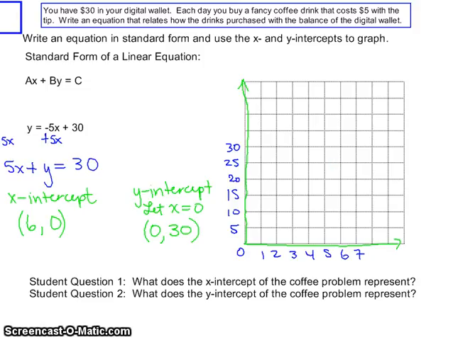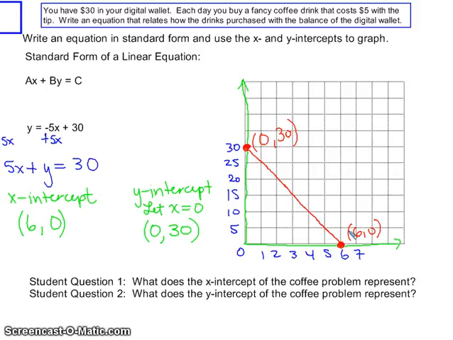We have our y-intercept is 0, 30, and our x-intercept is 6, 0. That's enough information for me to graph this line. Remember, when you're graphing, if an equation is in standard form, x and y intercepts might be a really good choice for graphing. And when in doubt, you can always make a table.